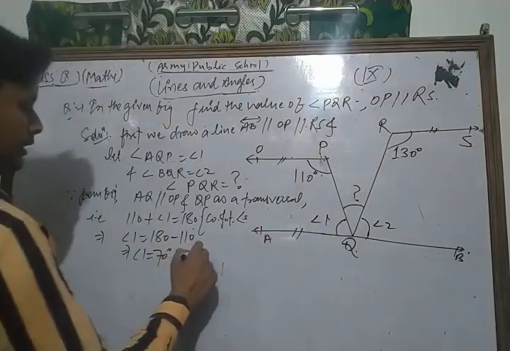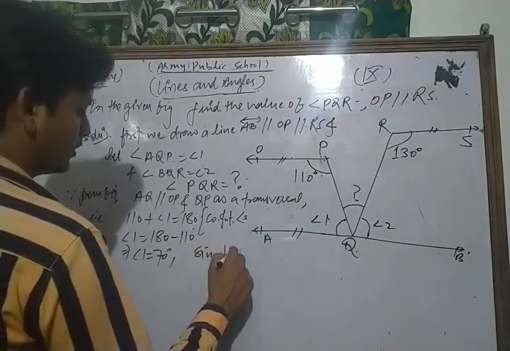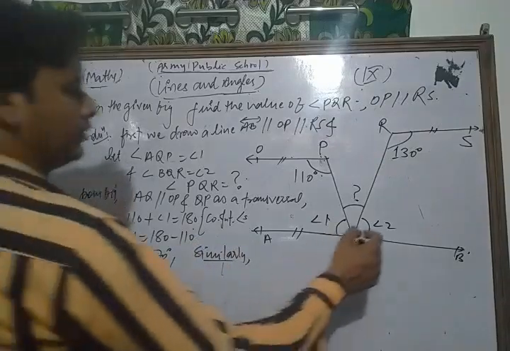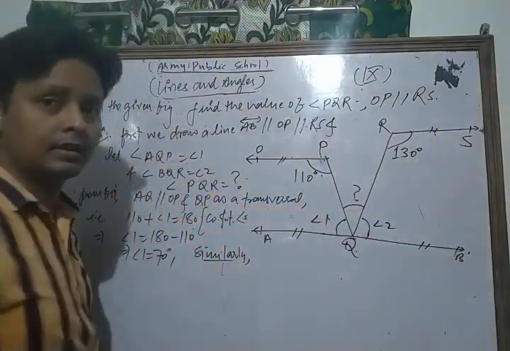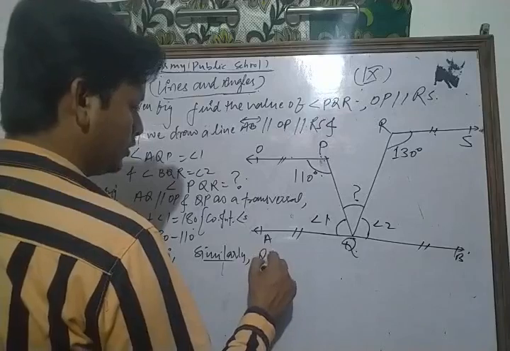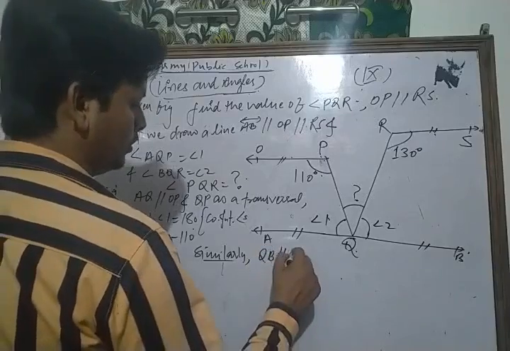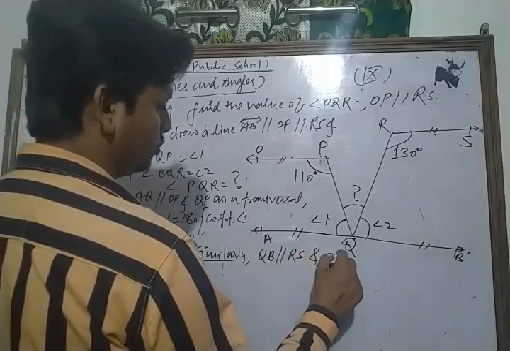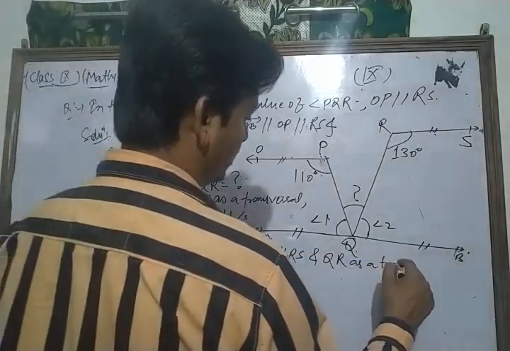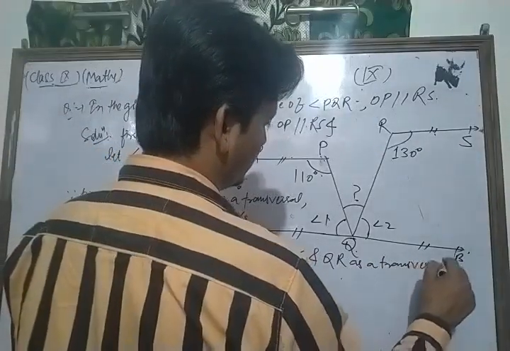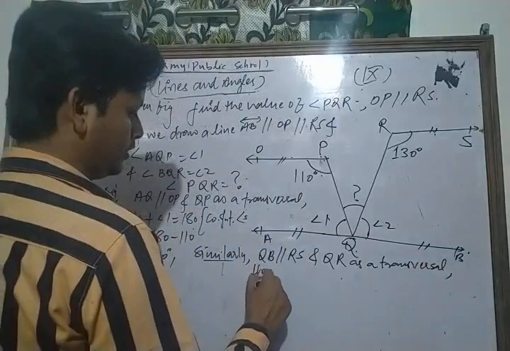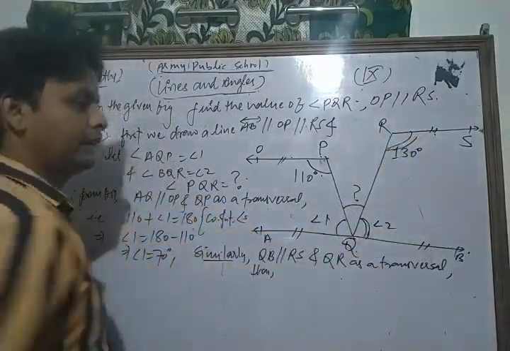Similarly, now we take QB parallel to RS and QR as a transversal. Then they form co-interior angles.